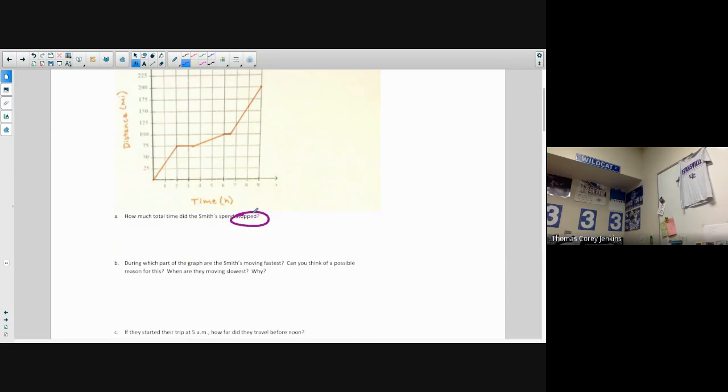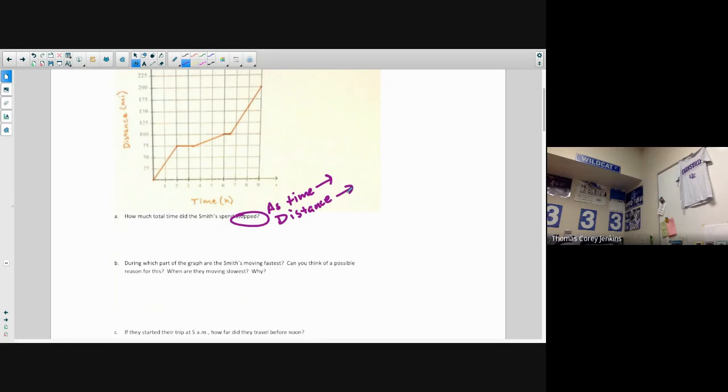All right, so what does stopped mean? Are we traveling any distance when we're stopped? No. Is time still going? Yes, time is always going. So as time increases, as we move to the right, distance doesn't increase, doesn't decrease, it stays flat, right?